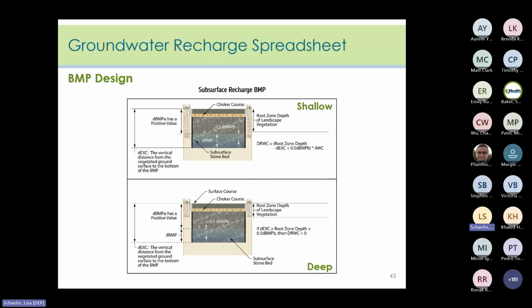If the maximum water level in the gravel storage bed is not up to the top, then the dBMPU will be the maximum water level to the ground level. The DEXC will be the distance from the bottom of the gravel storage bed up to the ground level. We need an example.